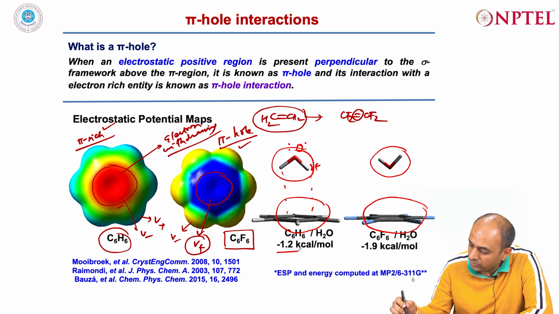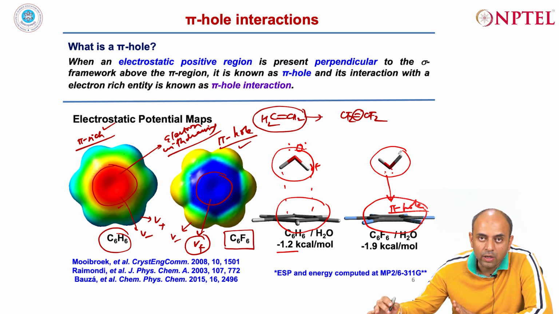Whereas when you have an electron deficient system, for example C6F6, then we know that there is withdrawal of electron density, and then there is a pi hole here. The pi hole is an electrostatically deficient region, and then it is now the lone pairs of oxygen which would like to interact with the pi hole, and the hydrogens move away because hydrogens are positive, and there is going to be unfavorable repulsion between the pi hole and the hydrogens which are positively charged.